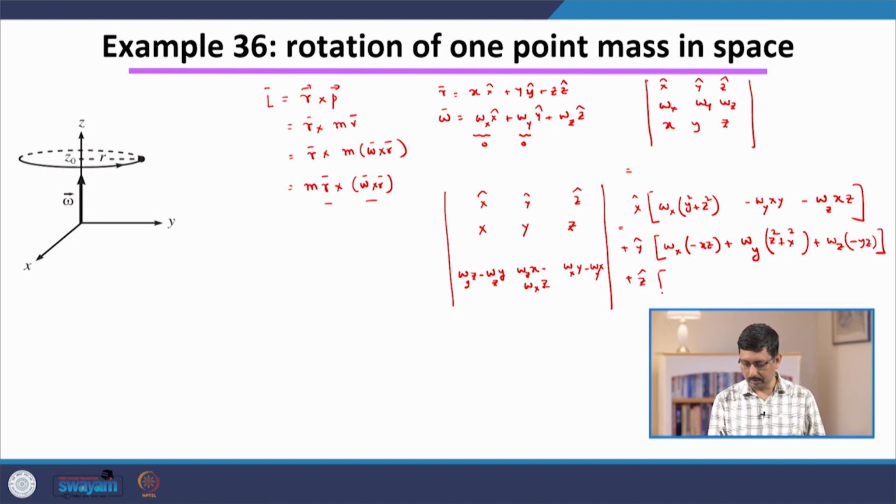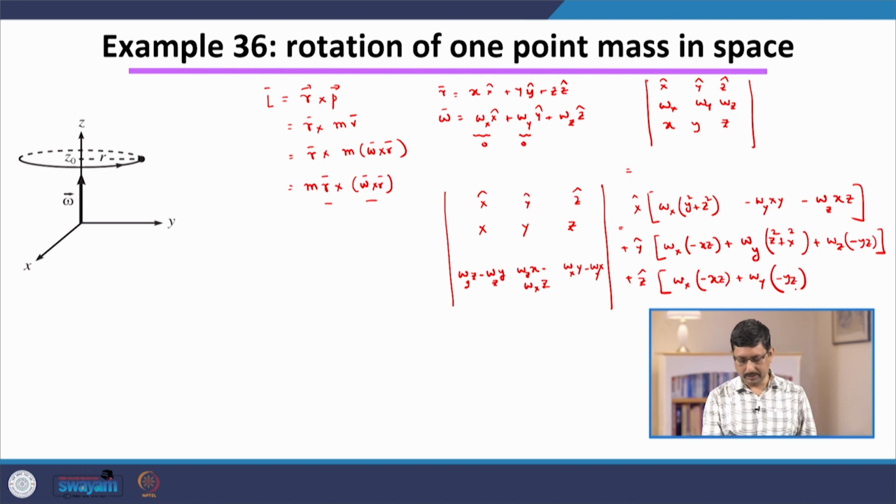Similarly, for the z component we have omega x, which gives me this times this, it has x z minus x z. Omega y times omega y is coming in this term, so this is minus y z, and finally, omega z has two contributions, one coming from x square and the other coming from y square.